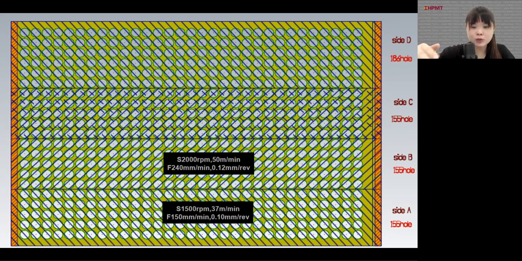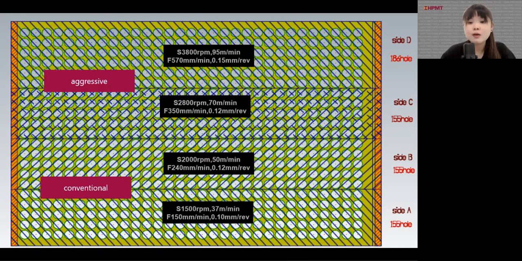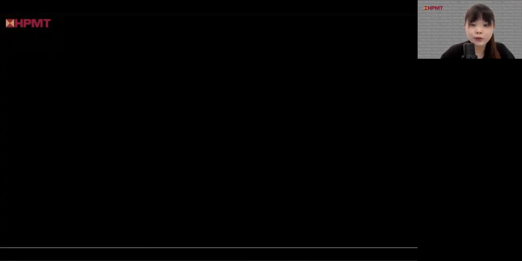Once that is done, after drilling another 155 holes, we continue to the third section with even higher cutting parameters, and then the fourth set. At the end, we will achieve a total of 651 holes. Let's check what happens during the machining process. Here is a video for your reference to see how we do it.